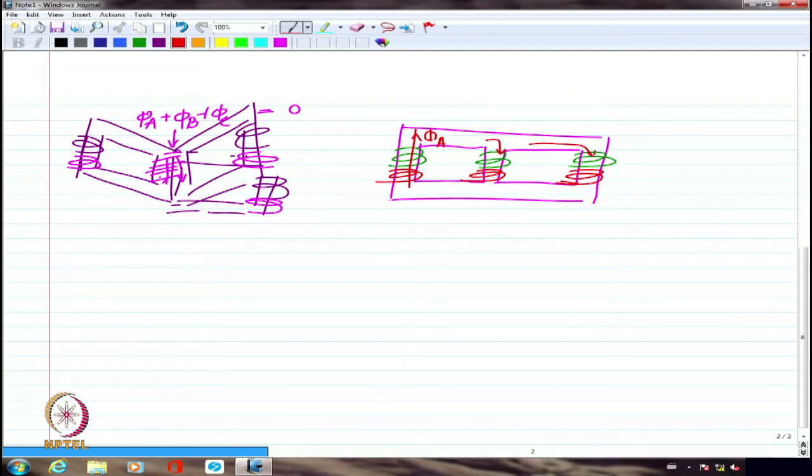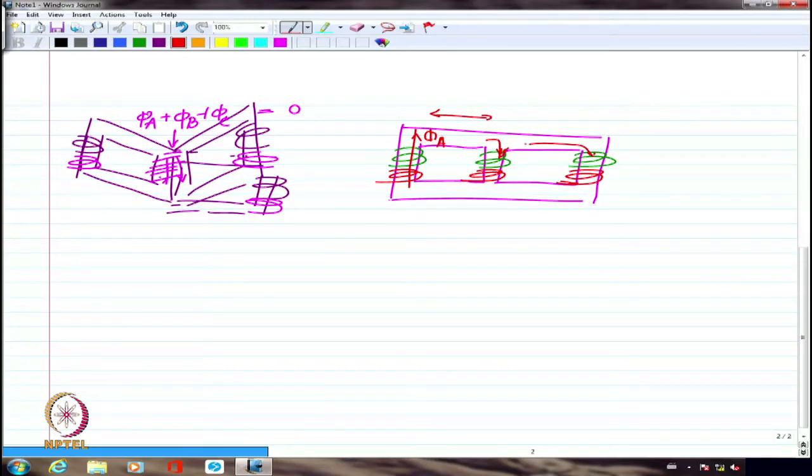Similarly, if I look at phi B, it will again divide itself into 2 halves on the other side, and phi C similarly. So I'm assuming that although the permeability of this portion is not infinity, so clearly maybe this will occupy more flux, phi A.